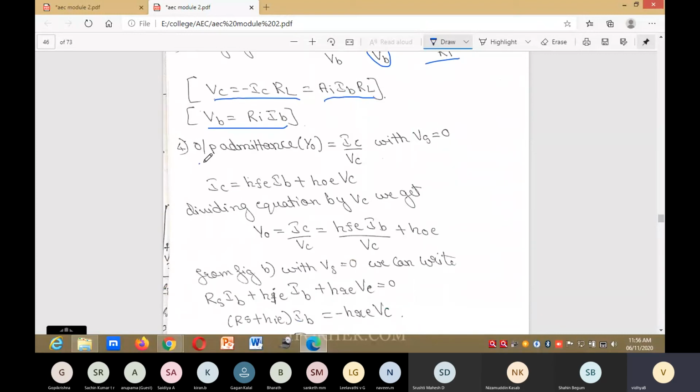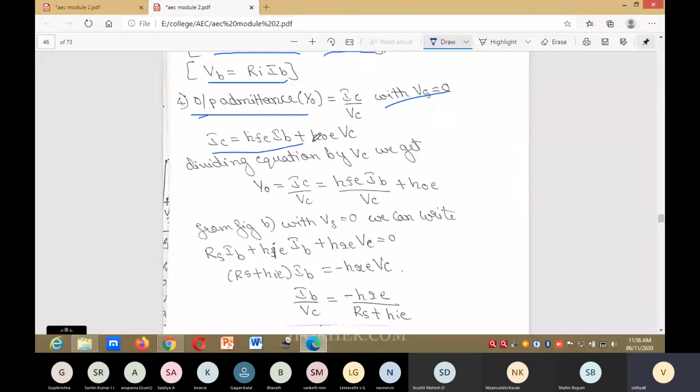Next, output admittance. Output admittance is equal to IC divided by VC with VS equal to 0. While finding output impedance or output admittance, we make the source voltage 0.